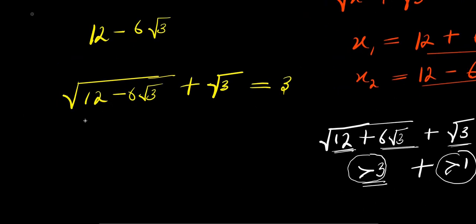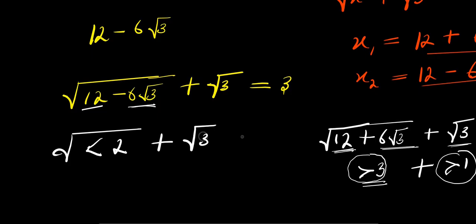So if you have this 12 minus 6 root 3, and this 6 root 3 is obviously 10 point something, so 12 minus 10 point something will give you a number less than 2. So this is square root of a number that is less than 2 plus square root of 3. Will it give you 3?